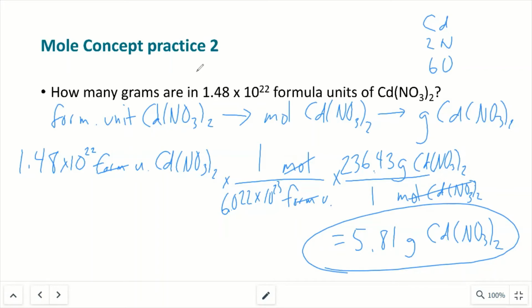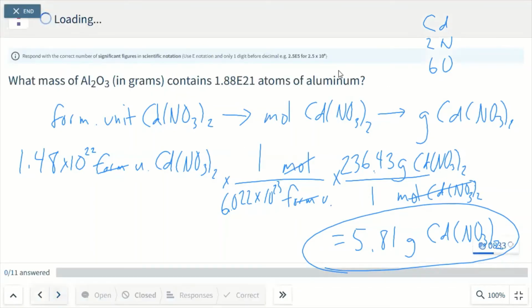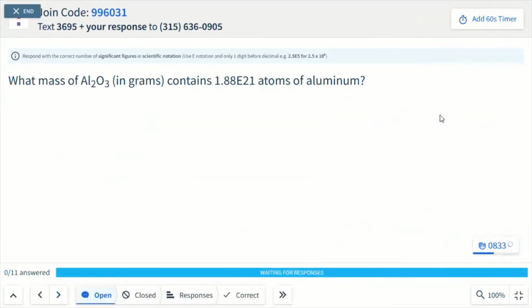Any questions with this example? All right, so here's your first problem of the day.